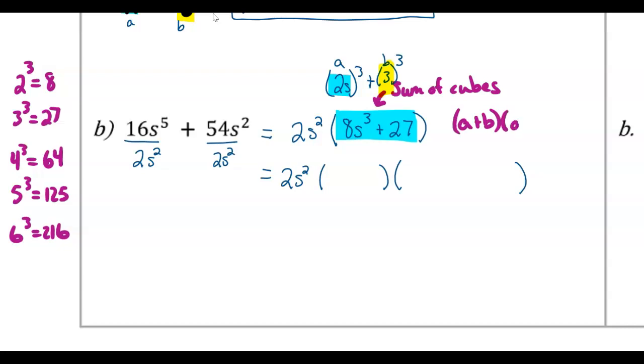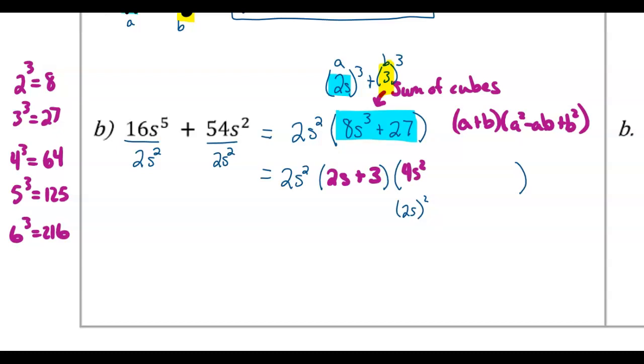I'm just going to write it down real quick so I can see it right in front of me. Okay, so you do A plus B. A is 2s plus B is 3. Then you do A squared. A is 2s, and when you square it, that makes 4s squared.